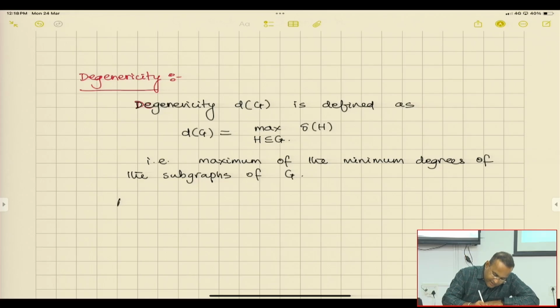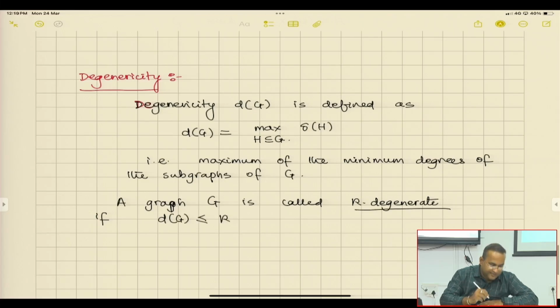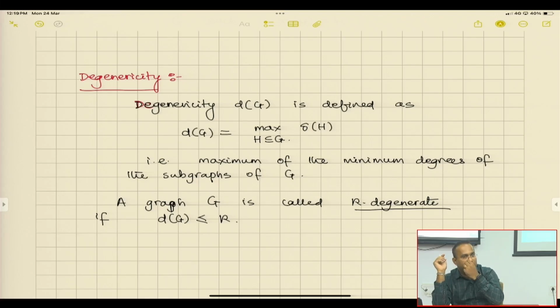A graph G is called k-degenerate if this maximum of minimum is less than or equal to k. So what is the meaning of this?